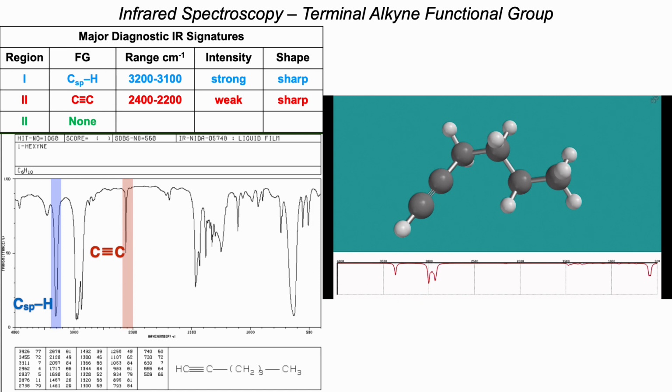So in the molecule simulation here, you're going to see that pretty strong sp hybridized carbon H stretching. Now your normal alkane CH stretching. And then we'll move over to the triple bond. And now the triple bond is in region 2, highlighted in red, 2400 to 2200. So region 2 is your triple bonds.